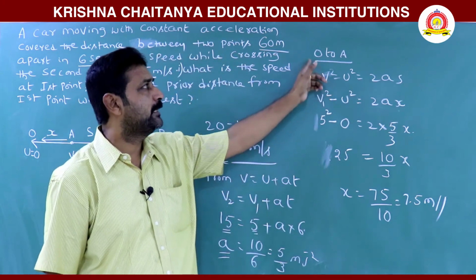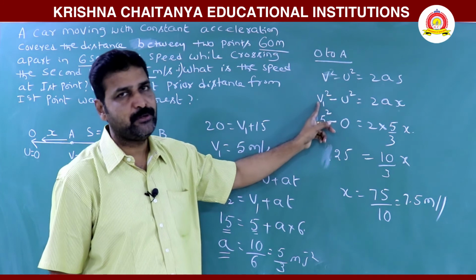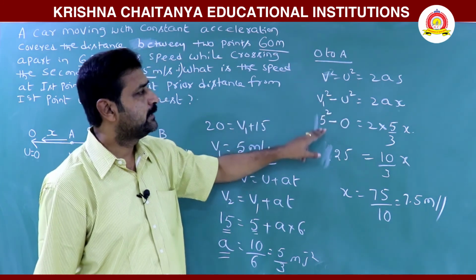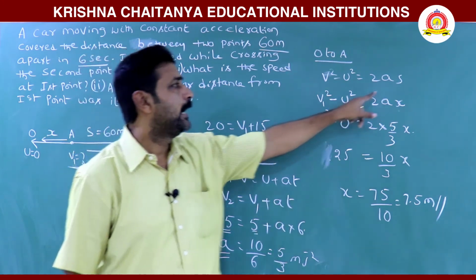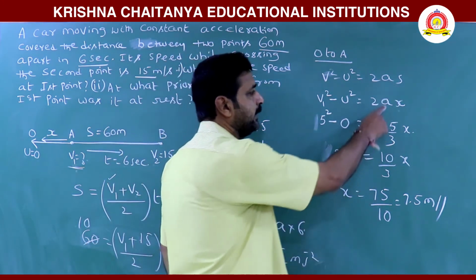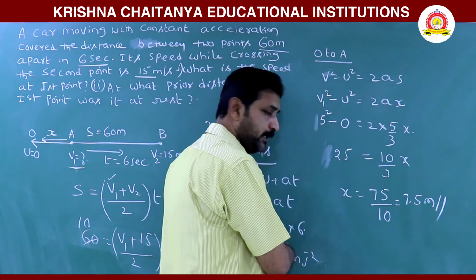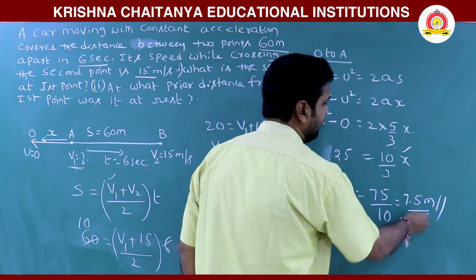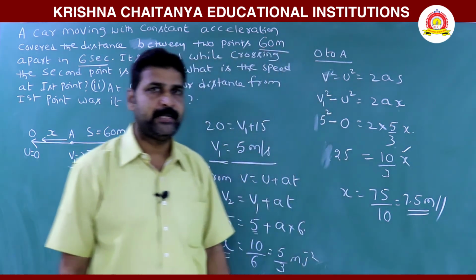Here v for this journey is, final is v1, initial is u which is 0, final is 5 further journey, and s is x, acceleration we have to take in 5 by 3 which we derived here. So x which is 7.5 meters. Okay.